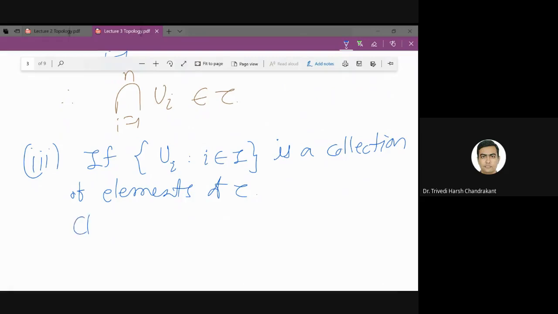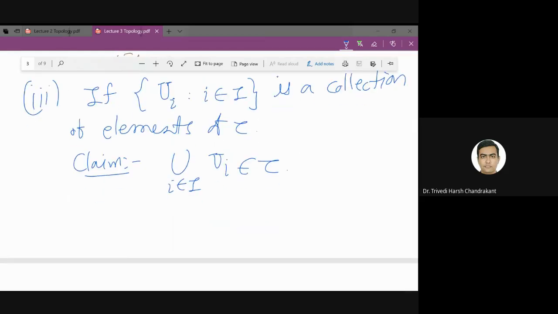Then the claim is that the union over i in I of ui belongs to tau. So this is the closed property under arbitrary union.